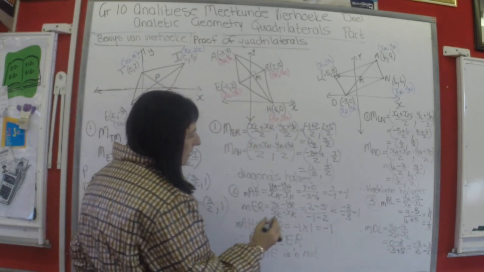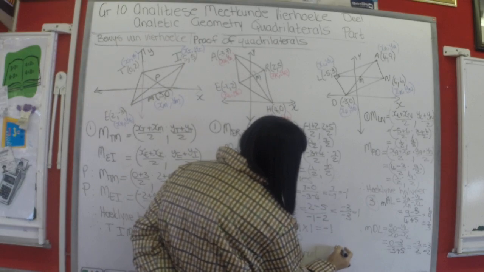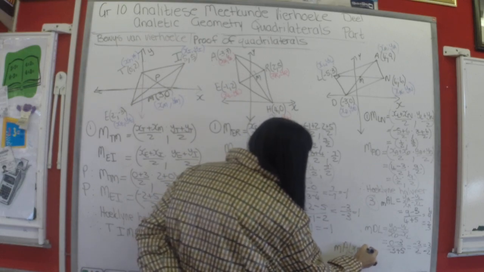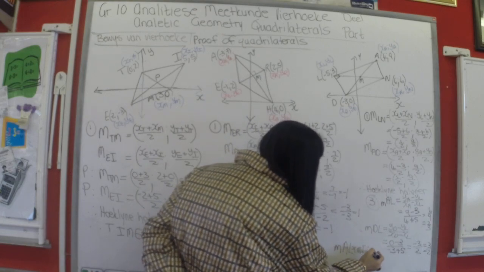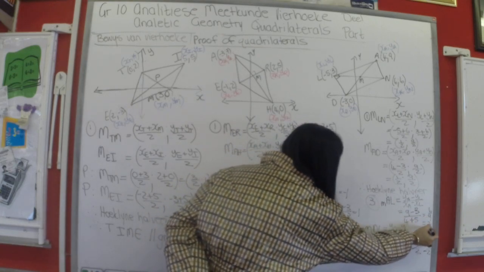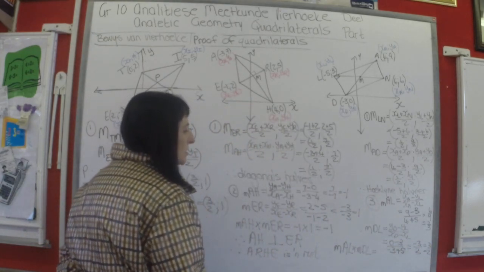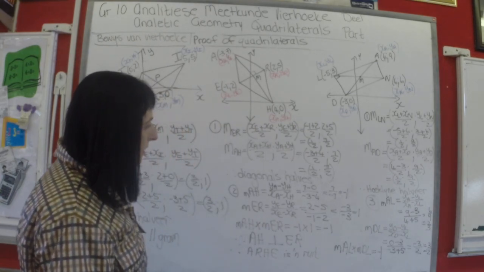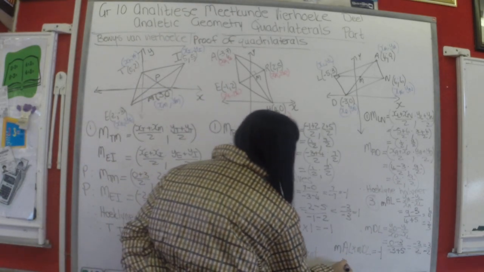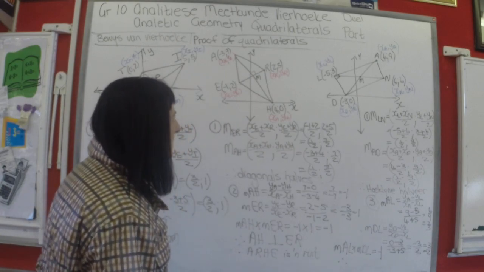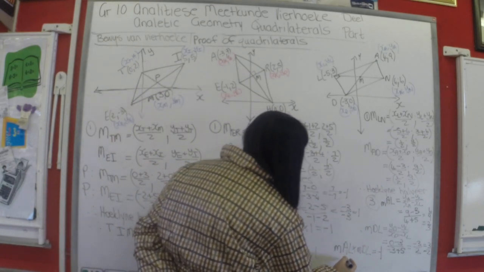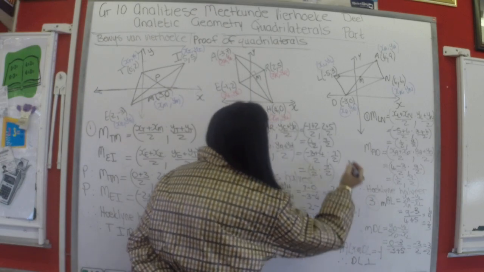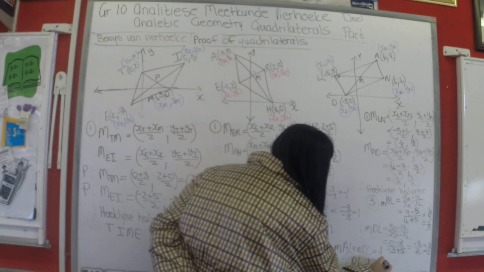So now, if you multiply the gradient of AL times the gradient of DL, then you multiply 2 op 3 maal met 3 op minus 2, gee vir jou minus 1. If you multiply that, it gives you minus 1. Wanneer die produk van 2 gradiënte minus 1 is, dan weet ons dat DL is loodreg, perpendicular, aan AL.